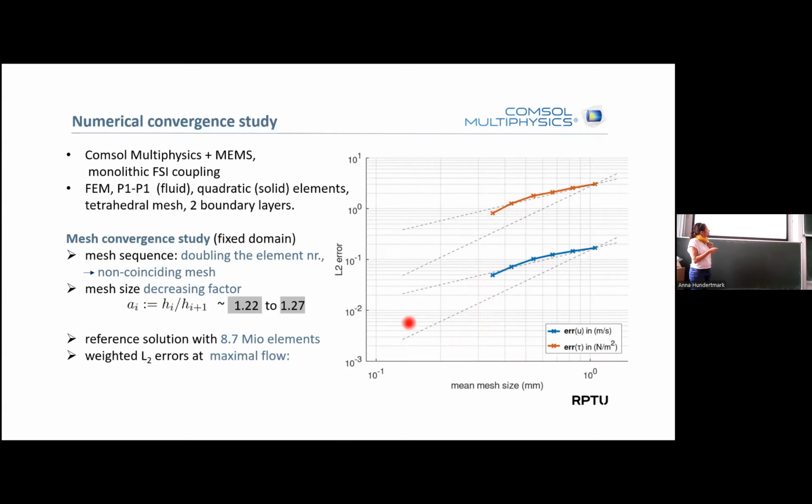You also have the trend lines for first and second order, so you see that we are lying somewhere close to first order, but this is improving. The blue is the error for the velocity, and red is the error for tau, which is the wall shear stress, so also some derived values.